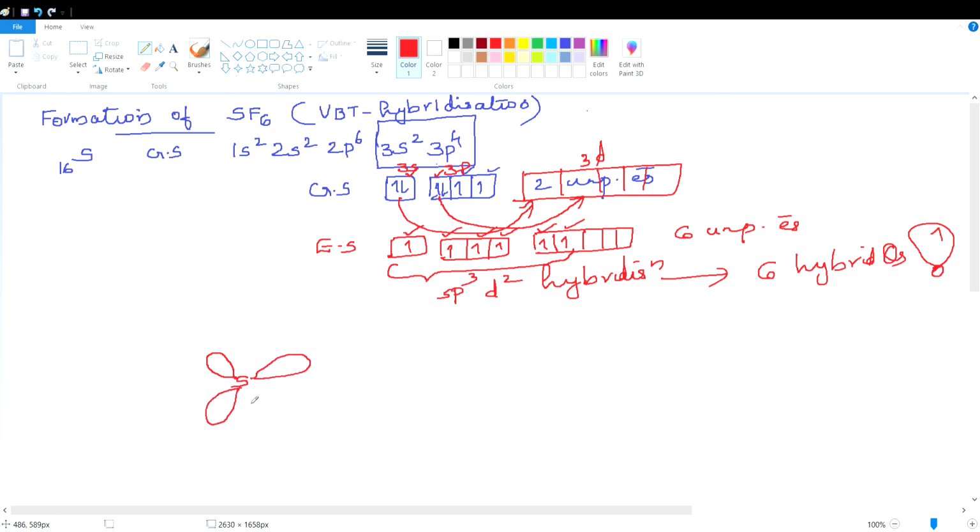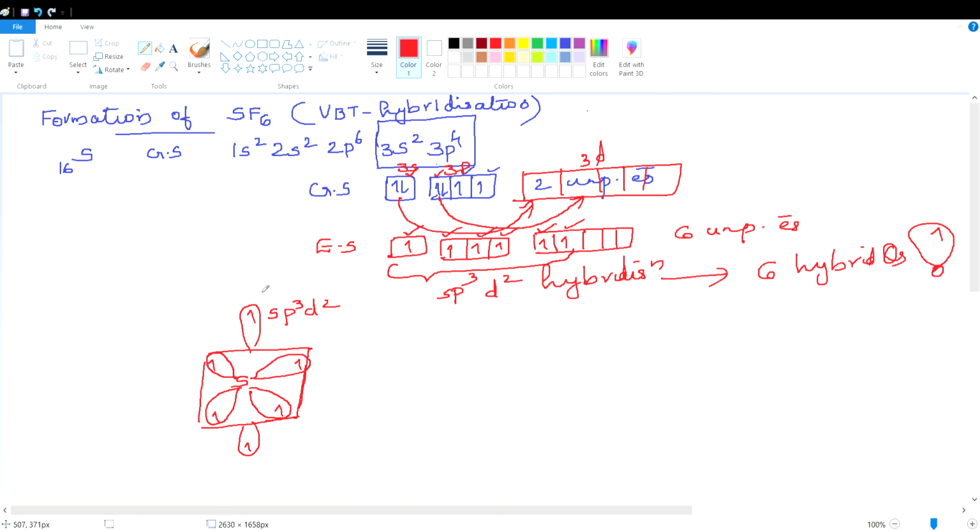Out of 6 hybrid orbitals, 4 occupy the 4 corners of a square plane, and the remaining 2, one above the square plane and one below the square plane. So all these are sp3d2 hybrid orbitals. They contain 1 electron, half filled. The sp3d2 hybrid orbitals orient along the 6 corners of an octahedron or a square bipyramid.